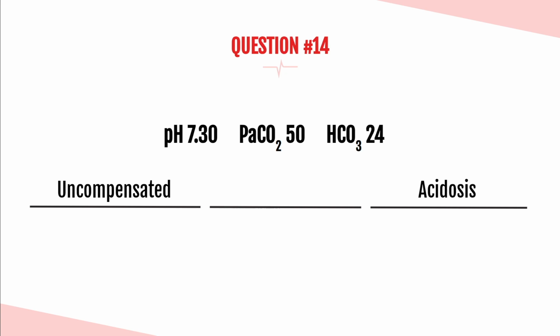We are acidic because we have an acidic pH. And what's our middle name? Well, the bicarb is normal, so it's our CO2 that's acidic, and that will make this a respiratory cause. So we have an uncompensated respiratory acidosis.